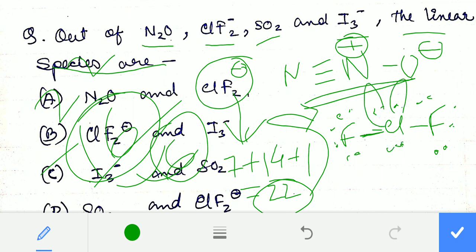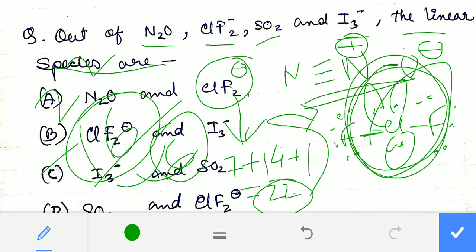Now chlorine will have 3 lone pair and two bond pair. Okay, yes, it is. Now the chlorine is not following octet rule, which is just the exception of the octet rule. And sometimes in some compounds chlorine does not follow octet rule.